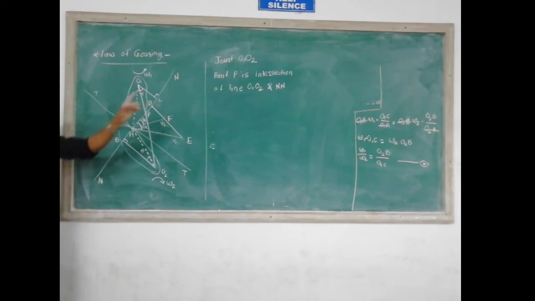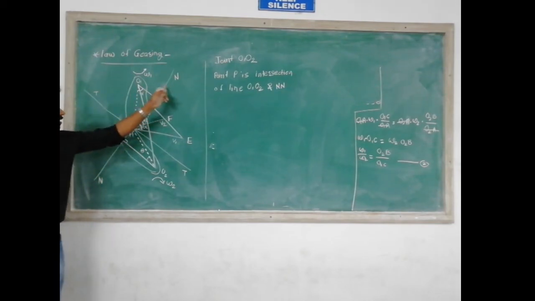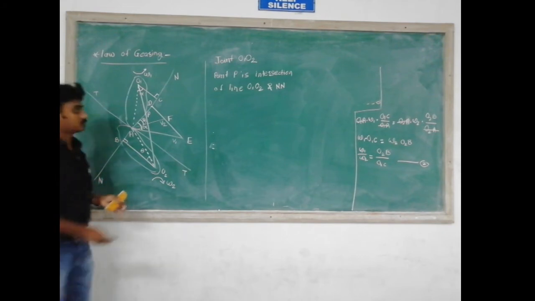Point P is the intersection of the line NN and O1O2.